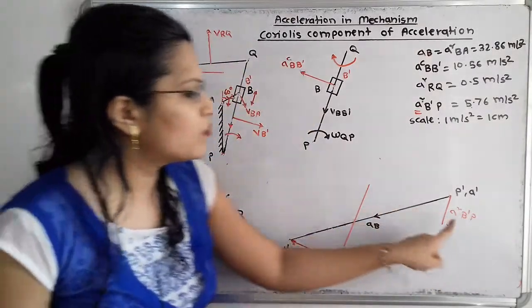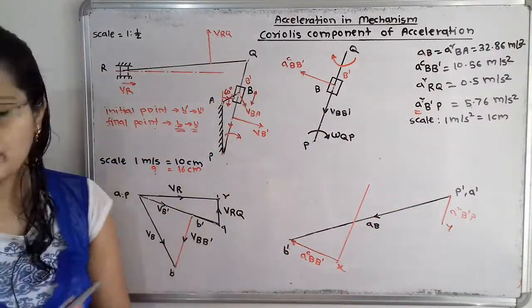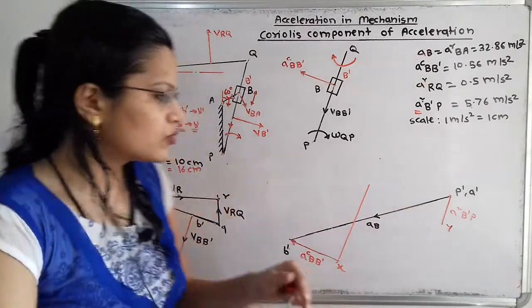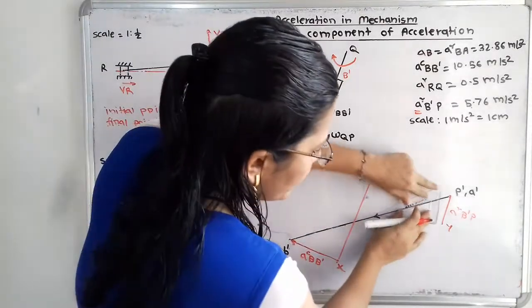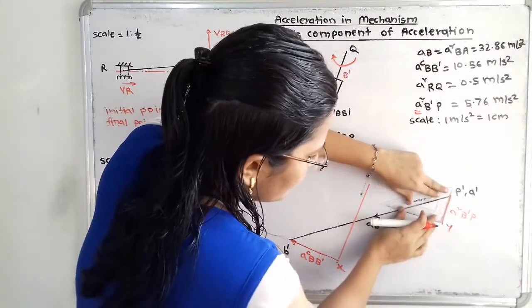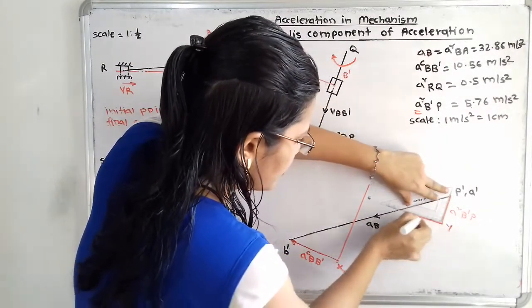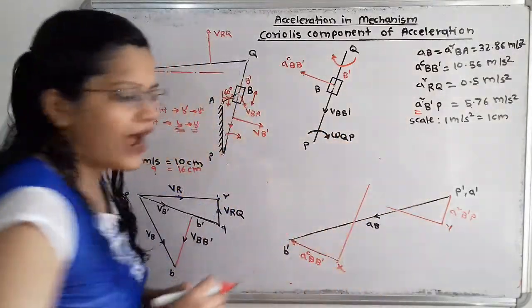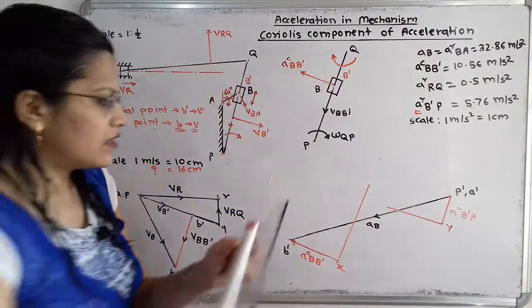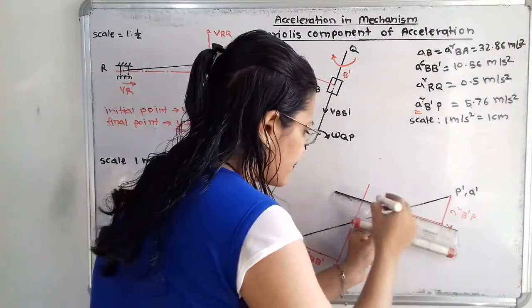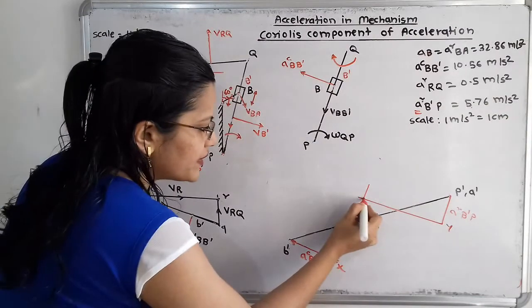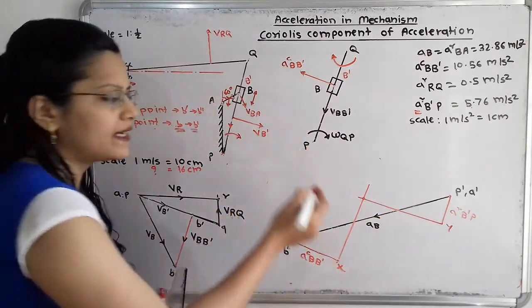Now again we will move to the tangential component of b dash p. We know that it is in the perpendicular direction to this line. So I will draw here one line in the perpendicular direction. From y we will extend this vector, and this point of intersection is nothing but b double dash.